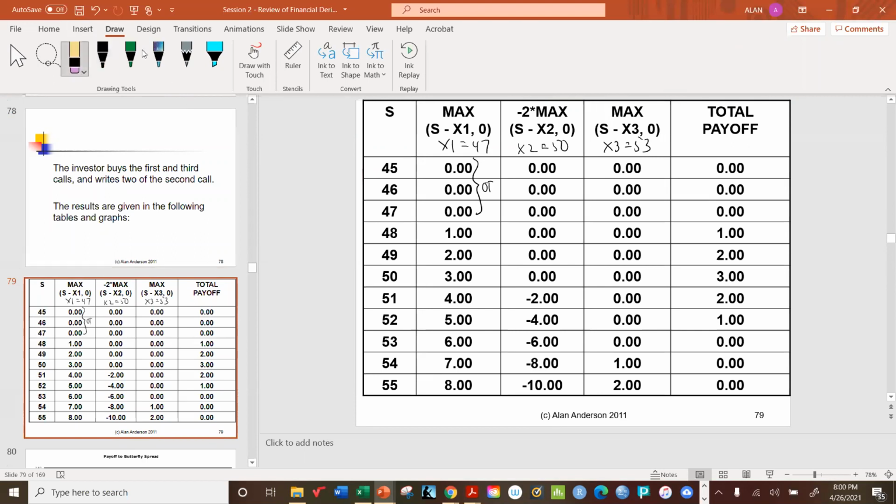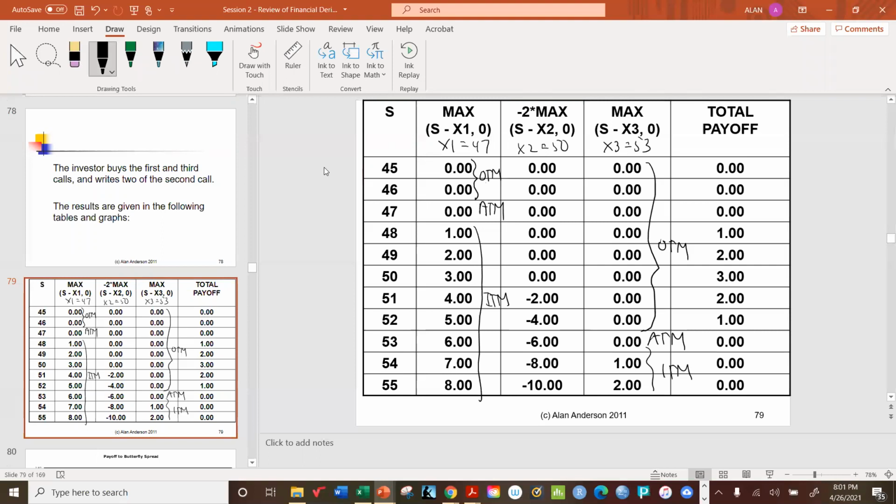Actually, no, sorry, it's only the first 2. 47 itself is at the money. This one is at the money, and the rest of these are, of course, in the money. Whereas on the far end over here, the strike is all the way up to 53. So here we're out of the money, at the money, and in the money.